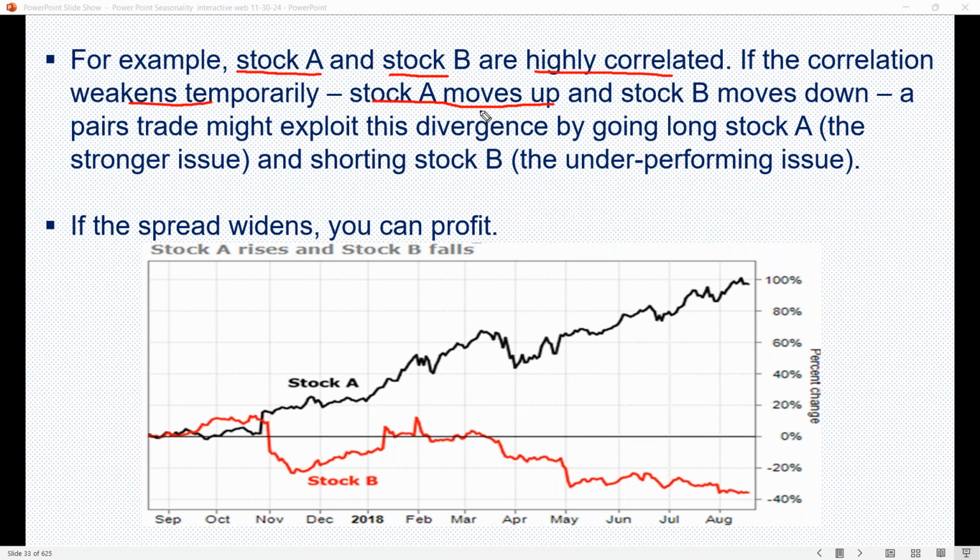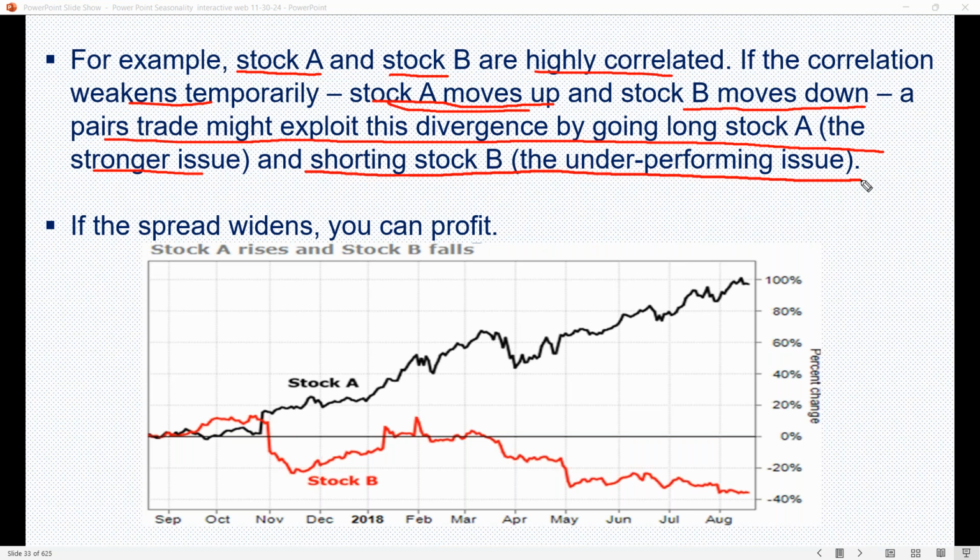And so it's starting to have a relatively stronger performance than what it's paired with. So stock A starts to move up. Now it's paired with B, and B though is starting to flounder and move down. So this could be a really great pairs trade to exploit that divergence by going long stock A, or whatever security A, the stronger, and then against it shorting B, the underperformer.